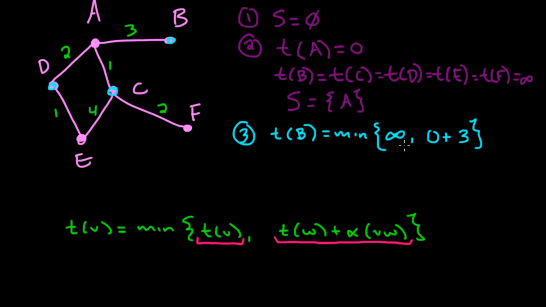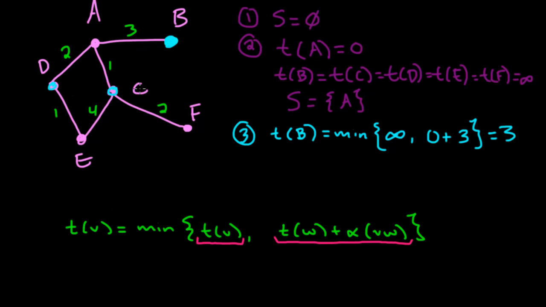So we're just taking the minimum between infinity and 3, and clearly the minimum is 3. Now we have relabeled the vertex B with a label of 3 instead of infinity. Now we're not done, because step number 3 says to do this for all of the neighbors that are not yet in the solution set.